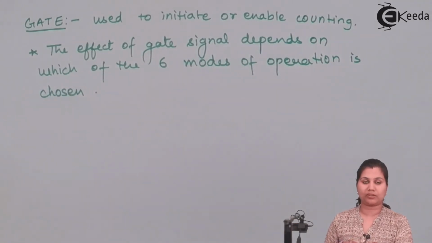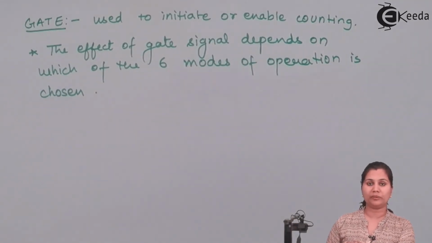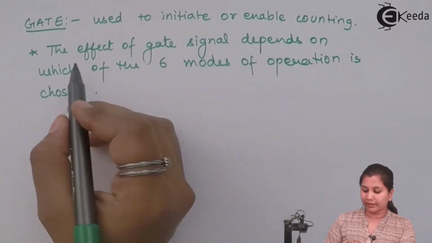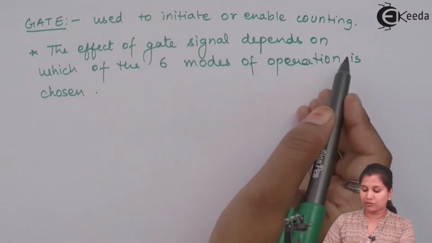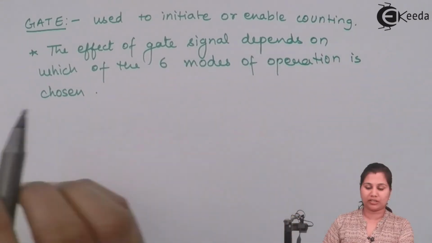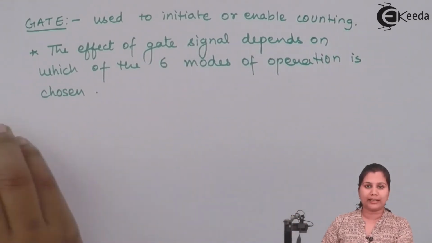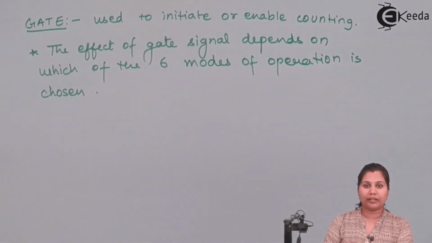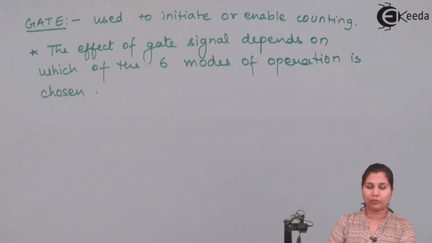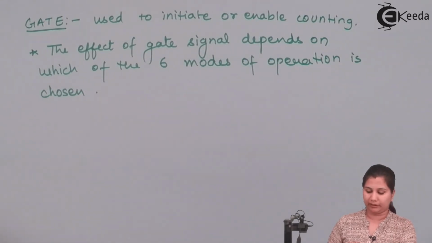This means the counting or decrementing process is going to start when the gate signal is given. The effect of the gate signal depends on which of the 6 modes of operation is chosen for the timers. The timers start the decrementing process only when the gate signal is given to them, and every time the clock pulse transitions from high to low, the counter will be decremented.